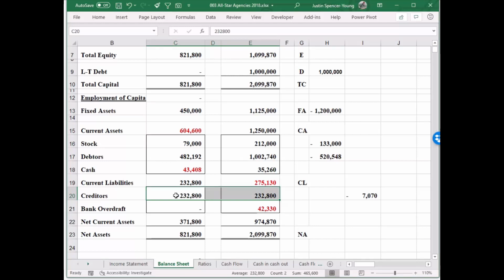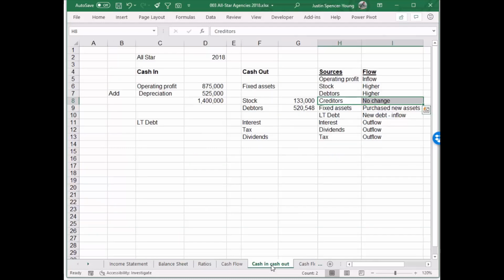Now under those conditions, if our creditors went up, this would be a positive inflow, a source of cash for us. So something's going on here, that our cost of sales is going up, but our creditors aren't. And we're going to come back and visit that under some analysis a little bit later on. But for now, our creditors are zero, so I've actually left it out of the cash flow items.